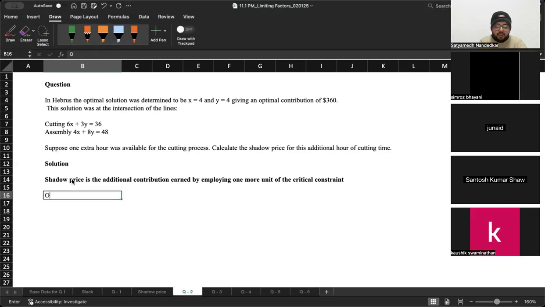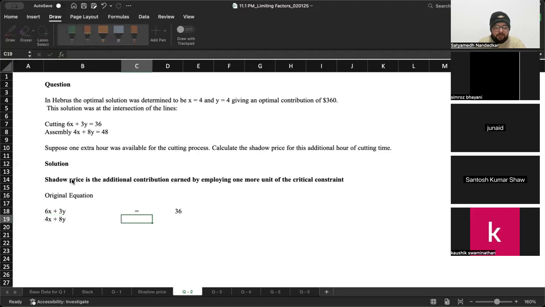Let's write down the original equation. I'll have 6x plus 3y equal to 36 and 4x plus 8y equal to 48.